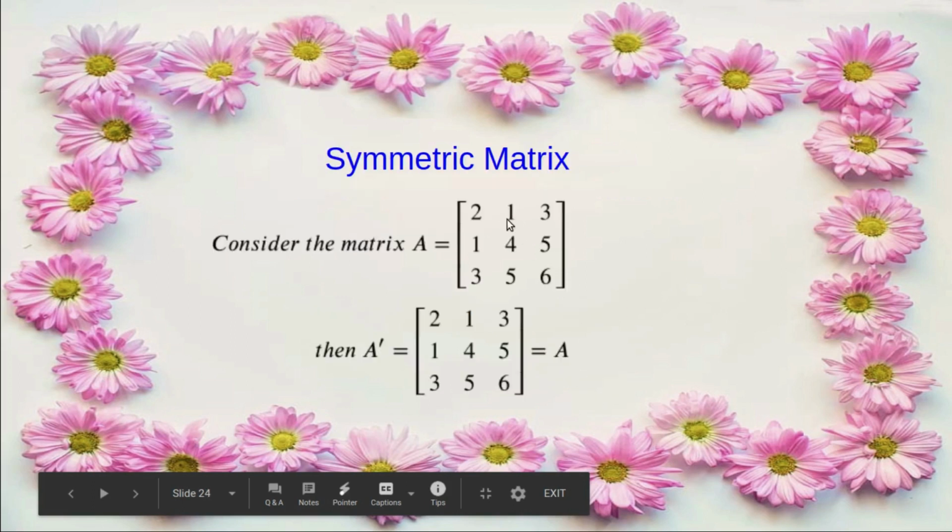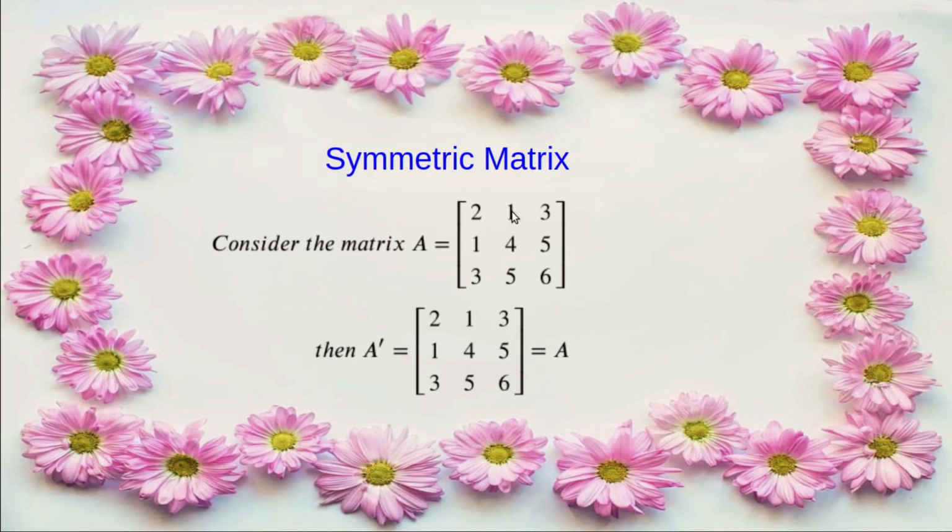That is, here we have A12 equal to A21, A13 equal to A31, A23 equal to A32. That is, in general, Aij equals Aji.